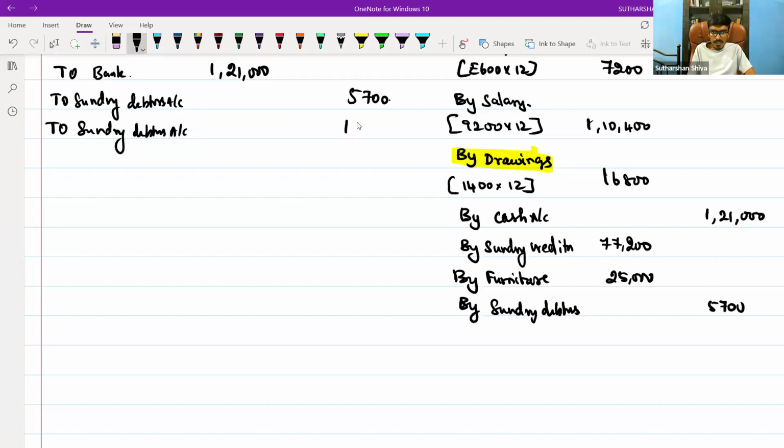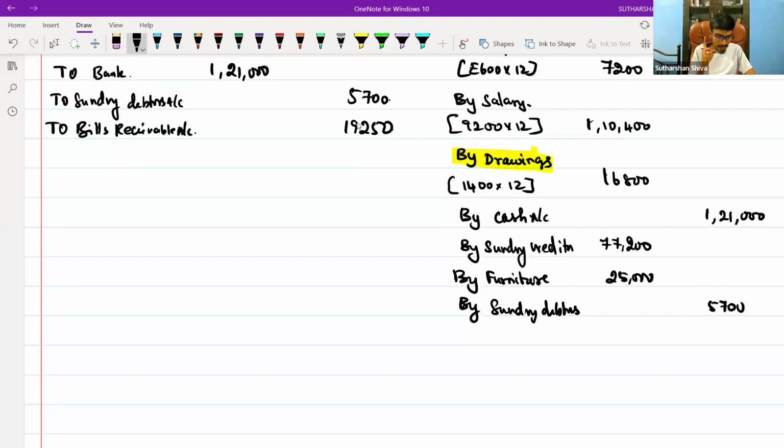How much? 19,250, right? Is it sundry debtors or is it bills receivable? It is bills receivable, right? Bills receivable 19,250. Okay. And there is a discount.